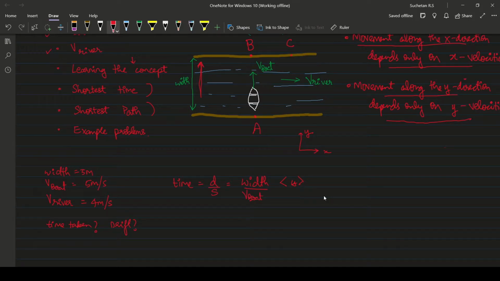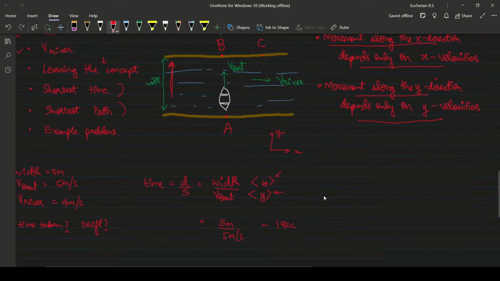We also need to keep in mind that this also has to be taken only in the y direction. Because the width is in y direction, the velocity also has to be taken in the y direction. So width is given as 5 meters divided by the velocity of boat, which is 5 meter per second, which is essentially 1 second.